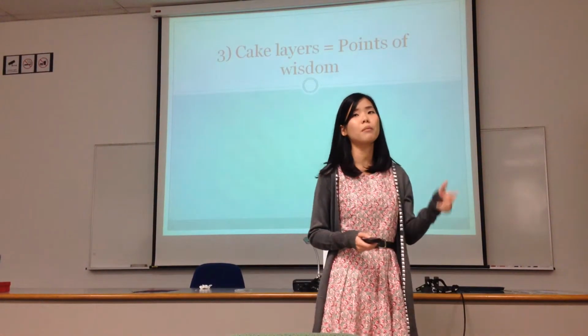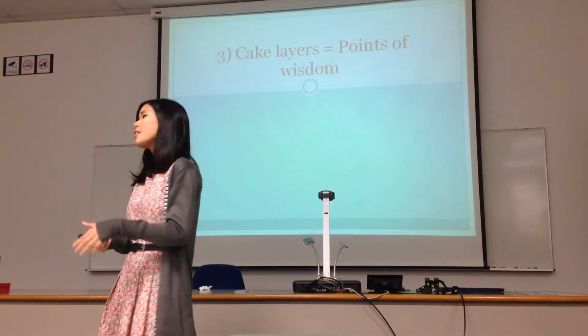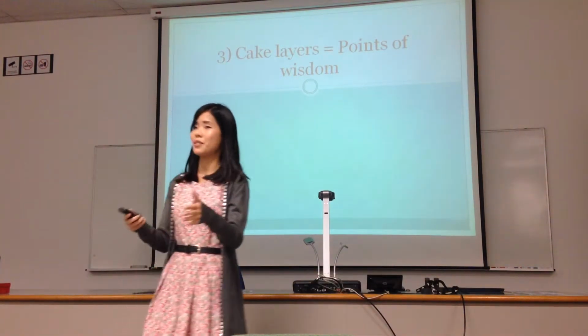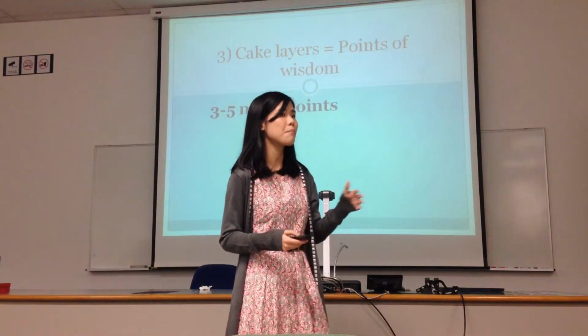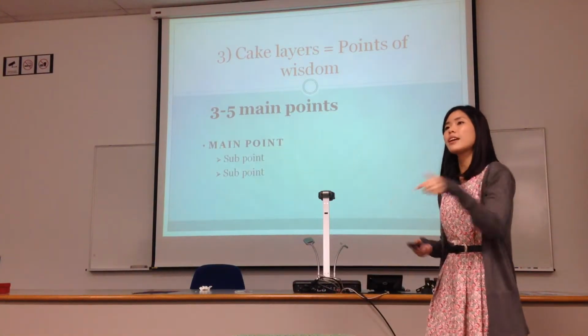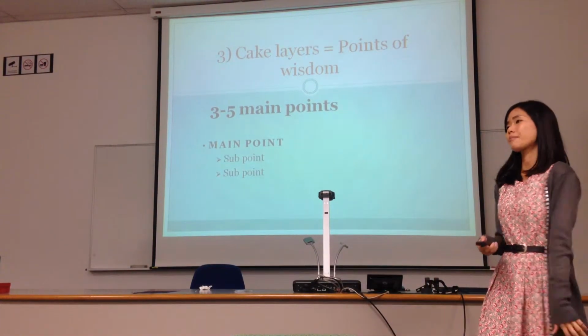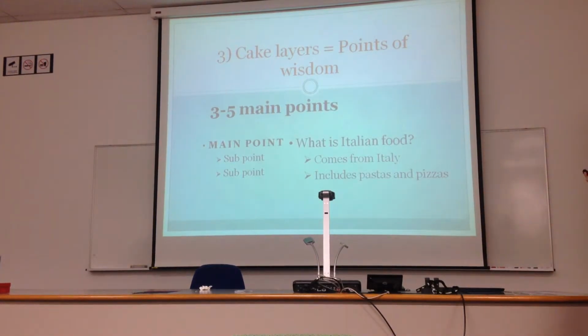So next we'll talk about the cake layers, and these are the main points of your speech. The points of wisdom. So you can have 3 to 5 main points, and the main points must be supported and explained by the sub-points. For example, what is Italian food? Pasta, pizza.